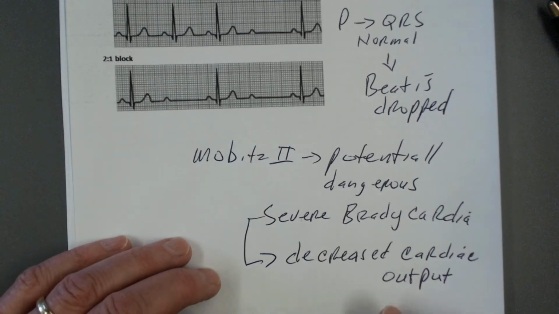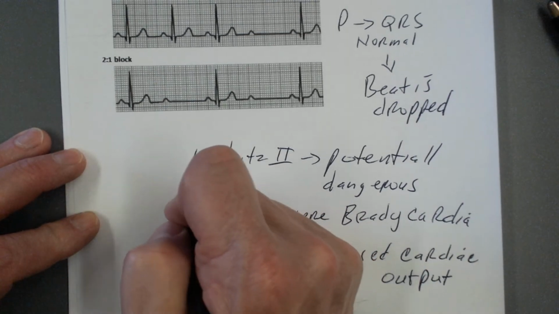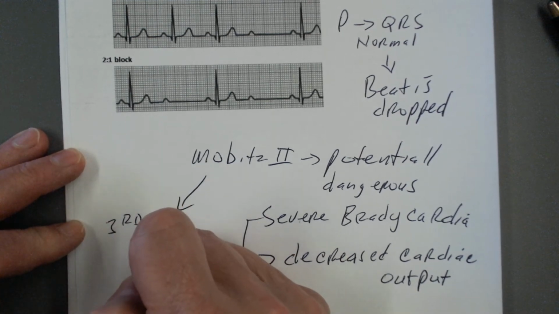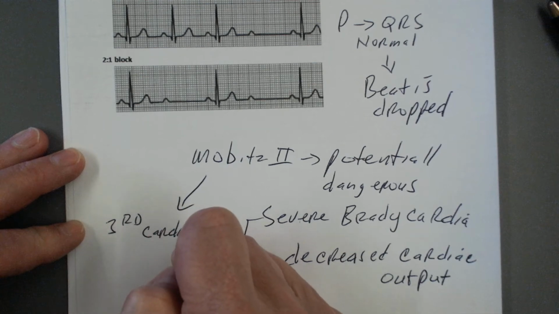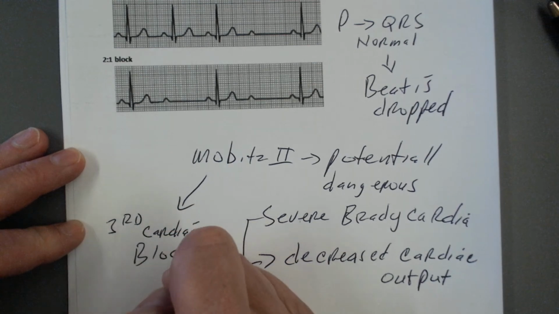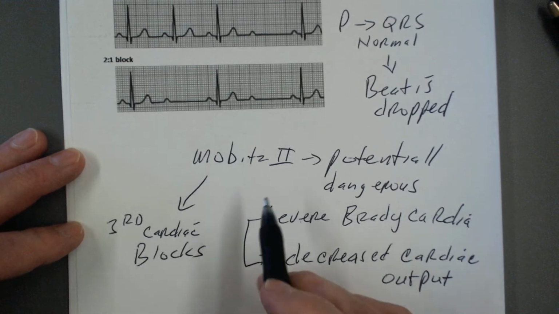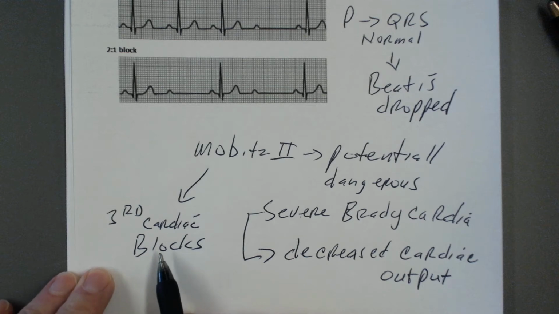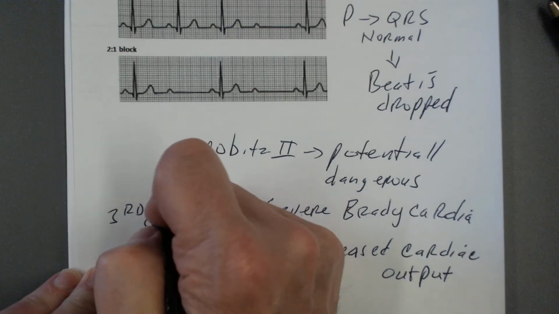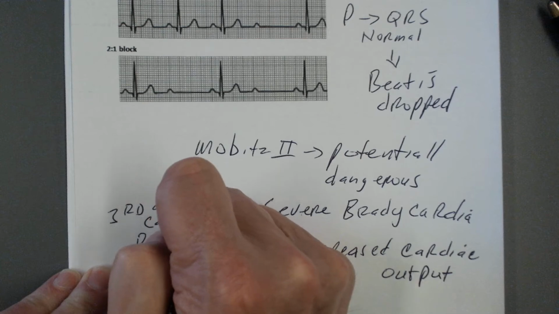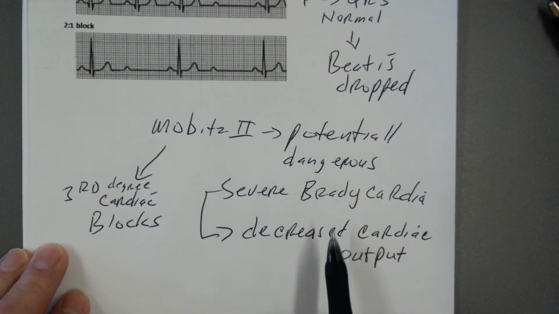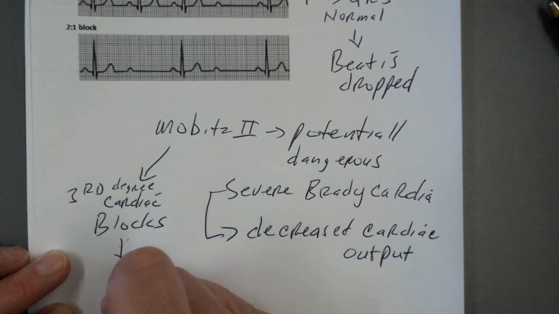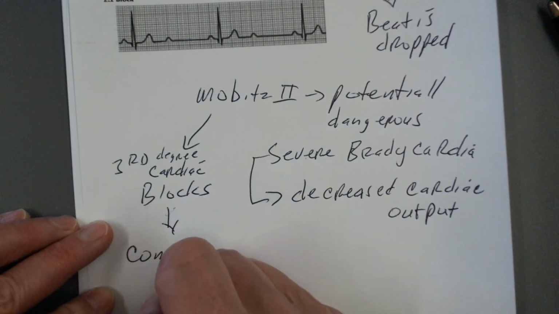Mobitz 2s can also progress to third degree cardiac blocks. So if you don't treat them, they will tend to get worse and go to the third degree cardiac block, which is a so-called complete heart block.